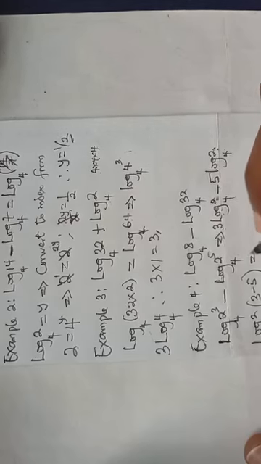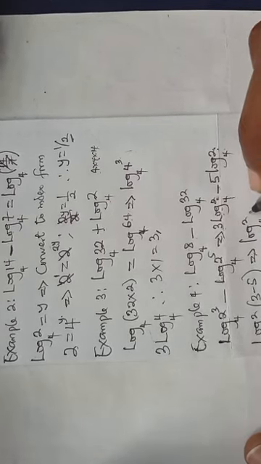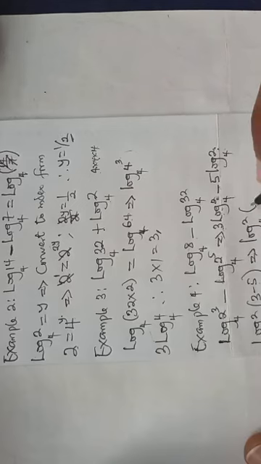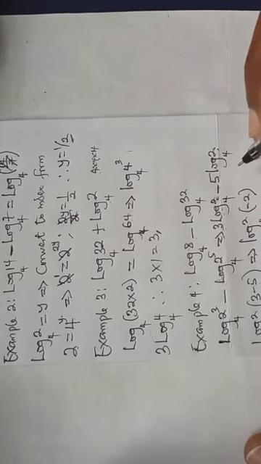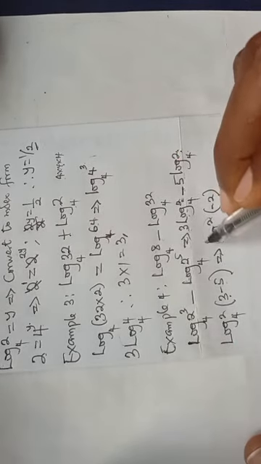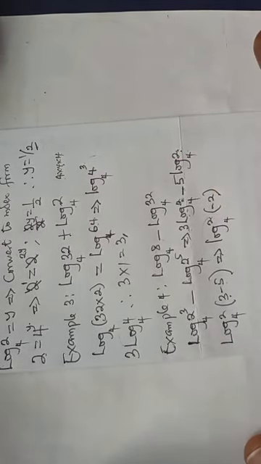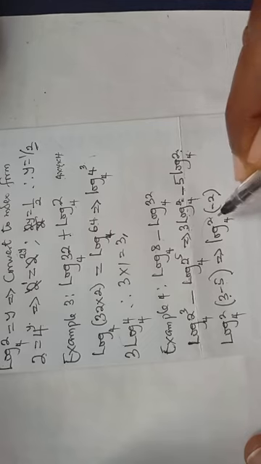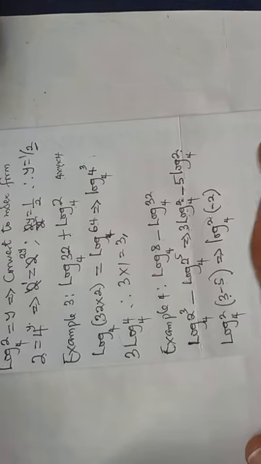Okay, let's continue. Log 2 to base 4. Now 3 minus 5 is minus 2. Now let's work on this particular log 2 to base 4.